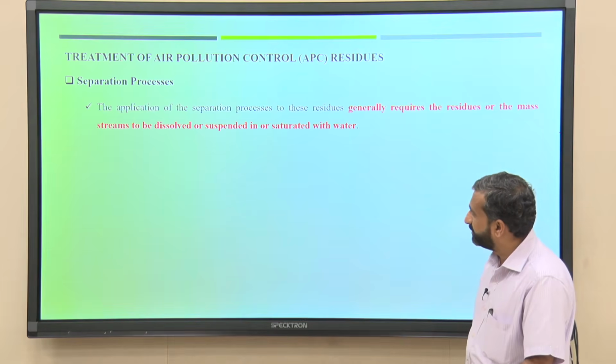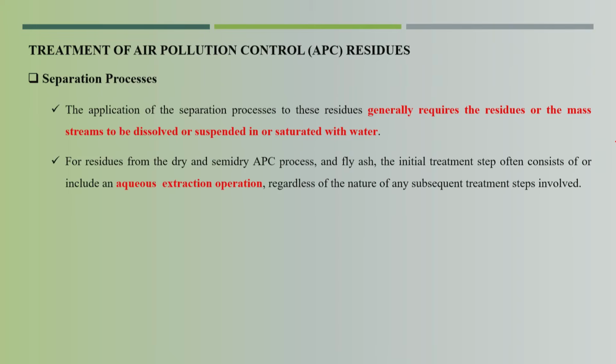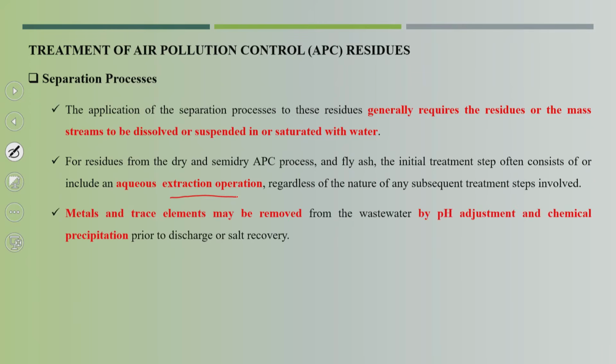The first is the separation process. For the application of the separation process, these residues generally require the residues or the mass stream to be dissolved, suspended in, or saturated with water. And for residues from the dry and semi-dry APC process and fly ash, the initial treatment step often consists of or includes an aqueous extraction operation, regardless of the nature of any subsequent treatment step involved.